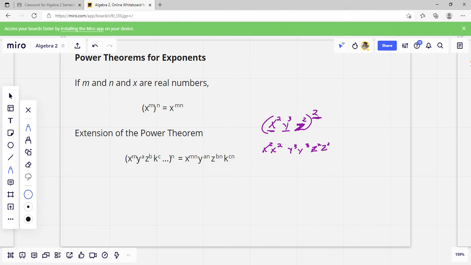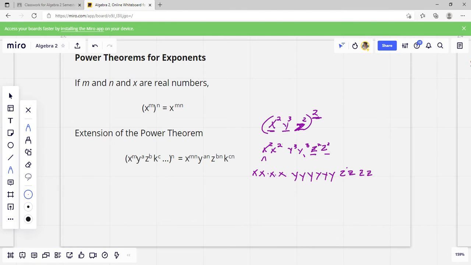And then if I take this out, that means x times another x times x. And then y to the third means I'm going to have 1, 2, 3 y's. And then that one I'll have 1, 2, 3 y's. And then for my z's, I'm going to have z's and another z, and then another z squared.